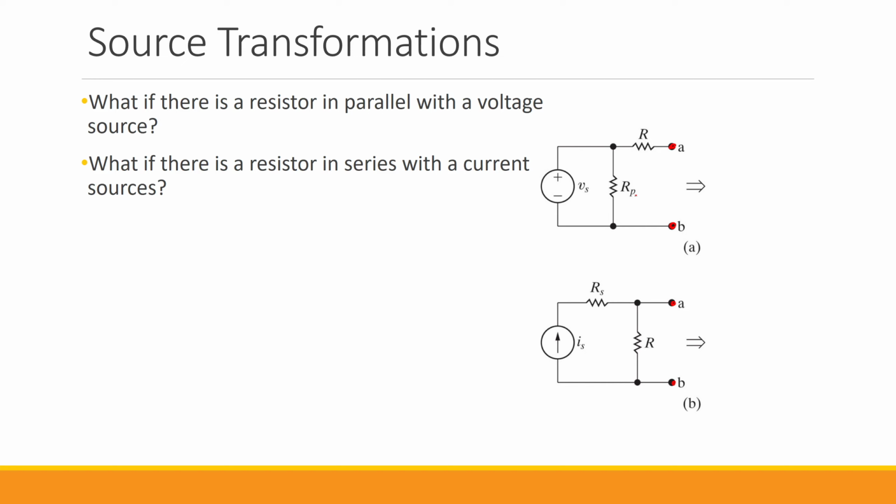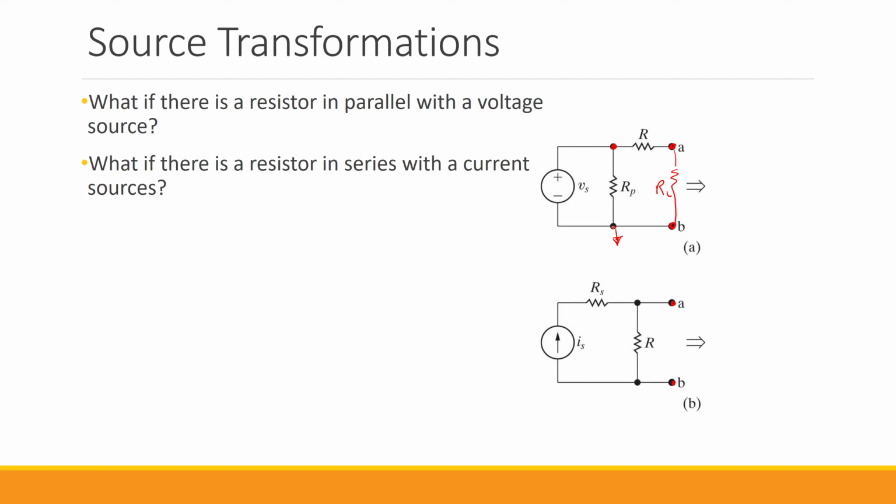So if we have this RP resistor in parallel with this voltage source, it doesn't have any effect in terms of what this RL sees. Why? Because the voltage across this RP, if we consider this to be the reference node, the voltage that is going to be applied to this part of the circuit is going to be exactly the same.